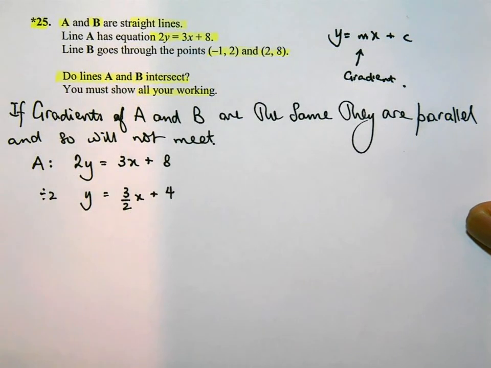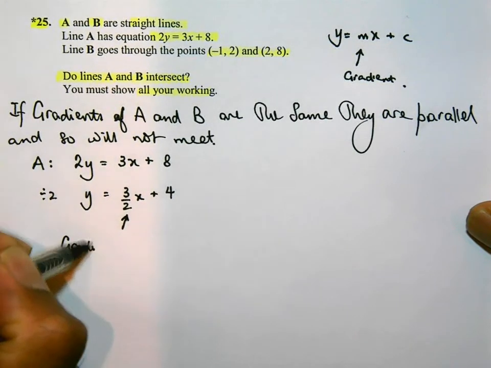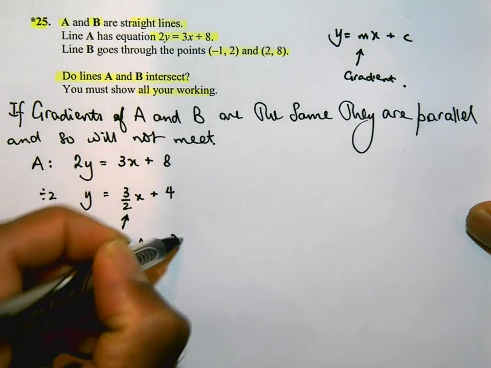So the gradient of A is equal to 3 over 2.